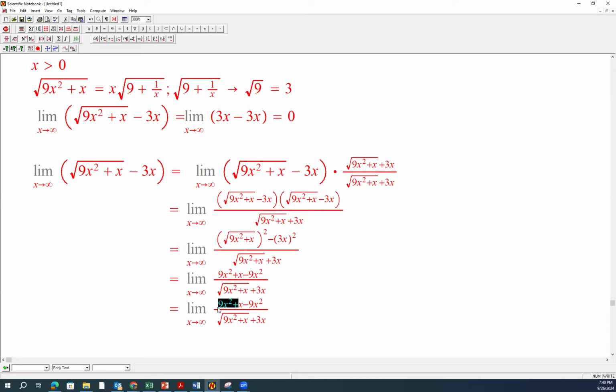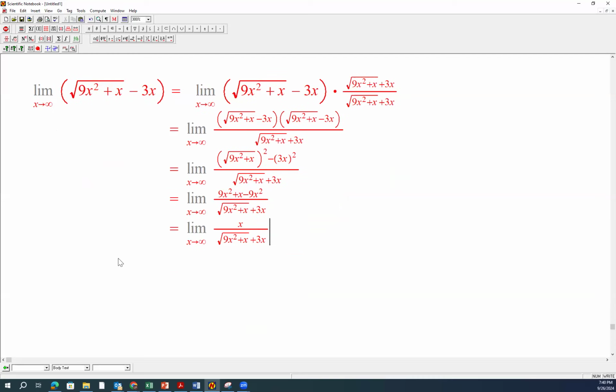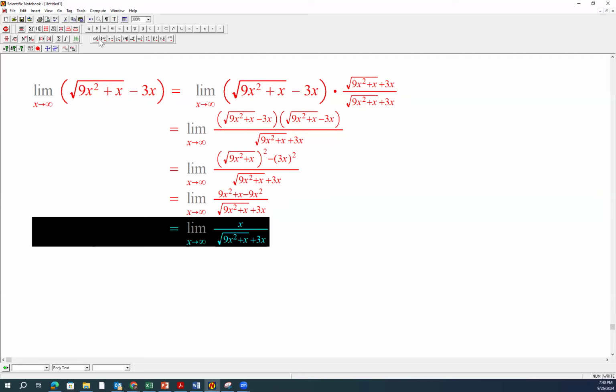So here we just have 1x left. At this point, we still cannot apply limit law, because when x approaches infinity, the numerator approaches infinity, and the denominator approaches infinity. We cannot apply limit law.